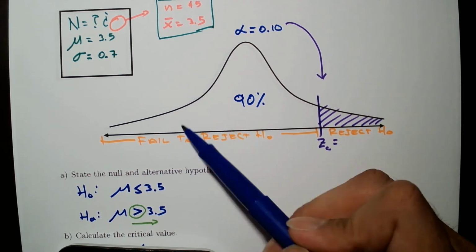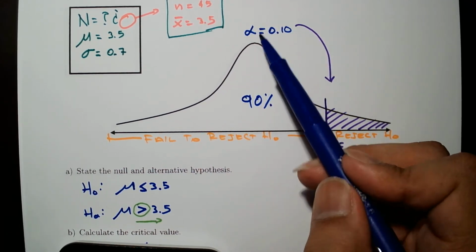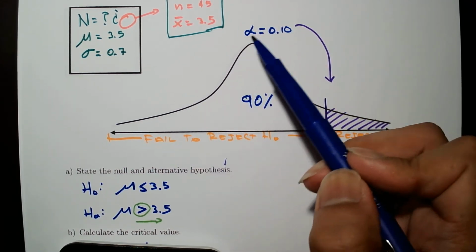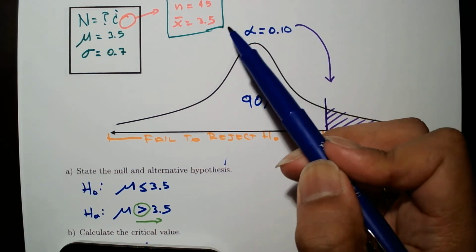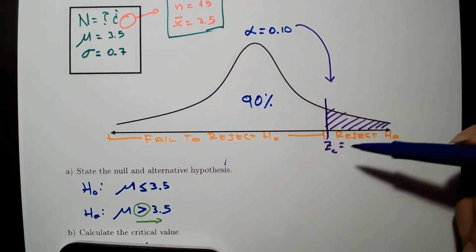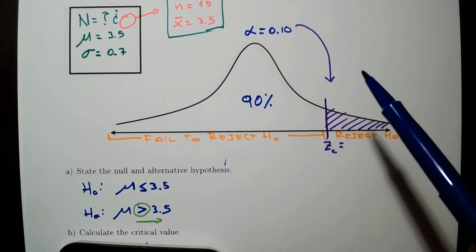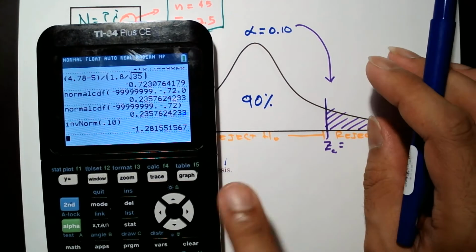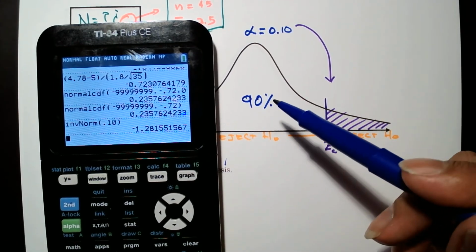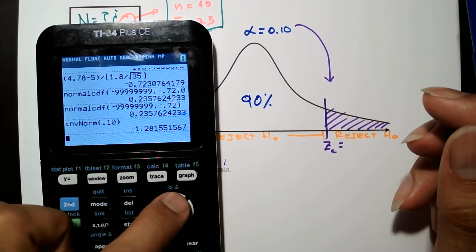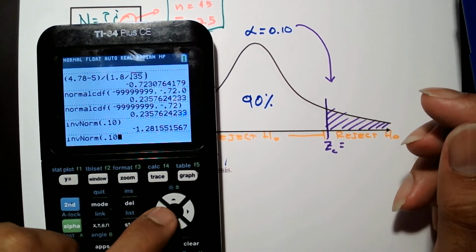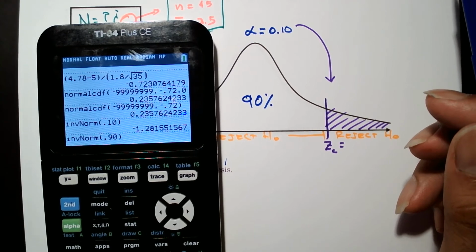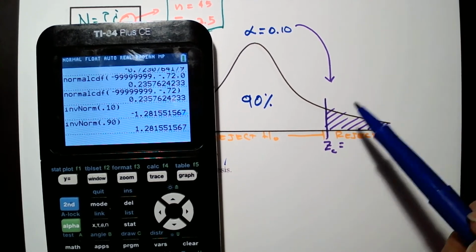However, keep in mind that the Gaussian curve is symmetric. So if you do the inv norm of alpha, just change the sign. If you don't feel comfortable doing that, change this 90% to a decimal and do inv norm of that number. In this case, inv norm 0.9. You should get the same number, but now positive.